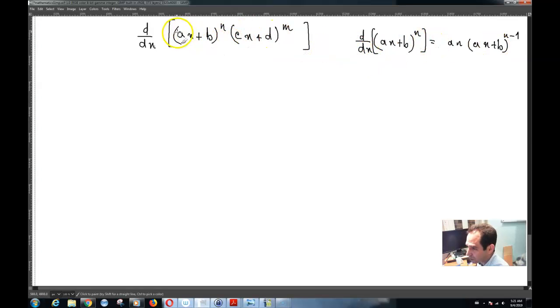And so we can use the product rule: (u times v) prime is equal to u prime times v plus u times v prime, right?